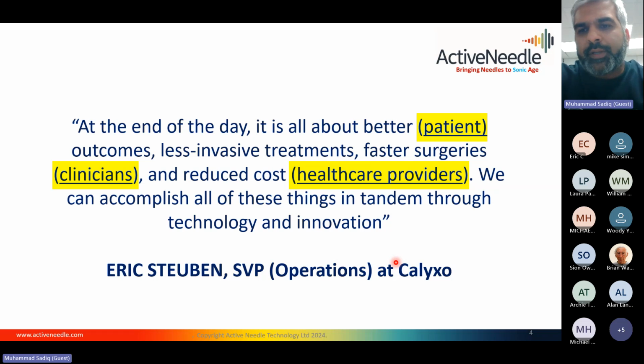But if you read between the lines, Eric is highlighting something very important here. When you are designing a non-medical device product, for example, you would normally think of the end user alone. But when it comes to a medical device, you would need to go beyond the end user and look into the end use as well. And this is where the other stakeholders come into play.